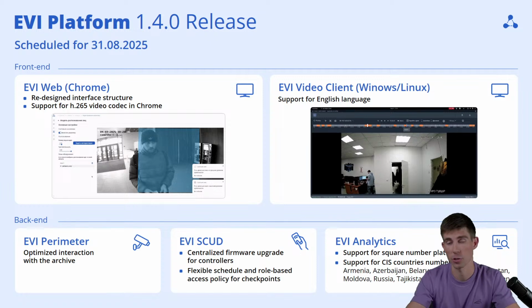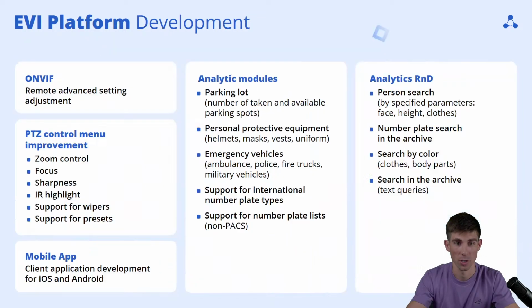If you have a project with video surveillance and your country is not in the list, please reach out to us, and if you have a customer waiting for this feature, we may prioritize this model of analytics to be added into the EVI platform as soon as possible. I see that my figure is covering some of the countries that are in the list, but basically all these countries are CIS, but we are expecting more countries to be added in further versions.